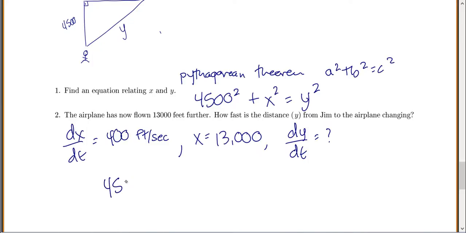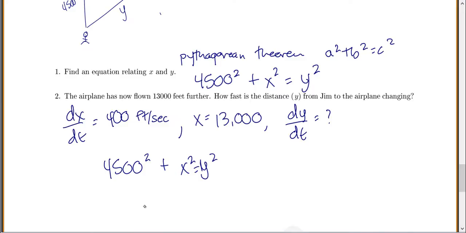So to do this, you take your equation and you take the derivative like normal. So derivative of 4,500 squared would just be 0. Derivative of x squared is 2x, but you have to tack on dx/dt because x is some function of t.